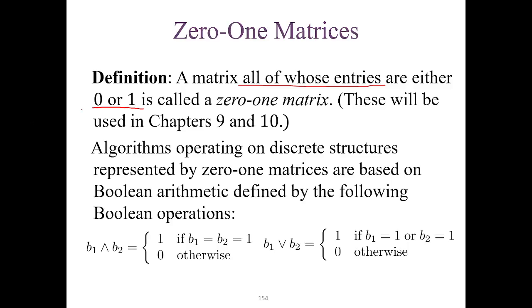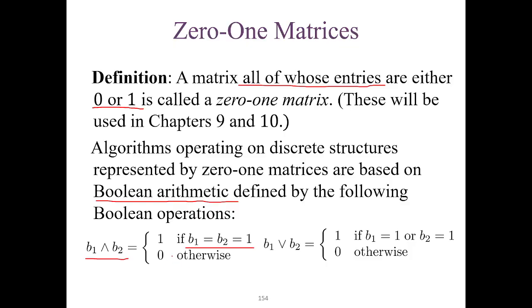We can define Boolean arithmetic for 0, 1 matrices because we only have 0 and 1. If we want to apply the Boolean operation AND to b1 and b2, then if b1 and b2 are both 1, then b1 AND b2 is 1.